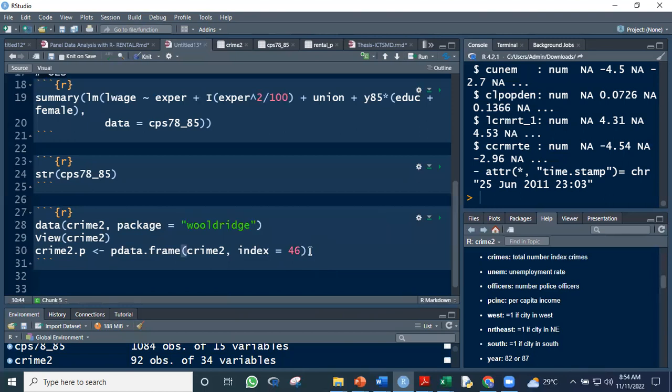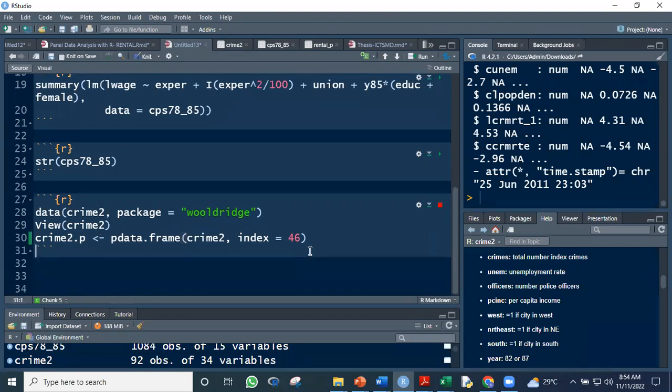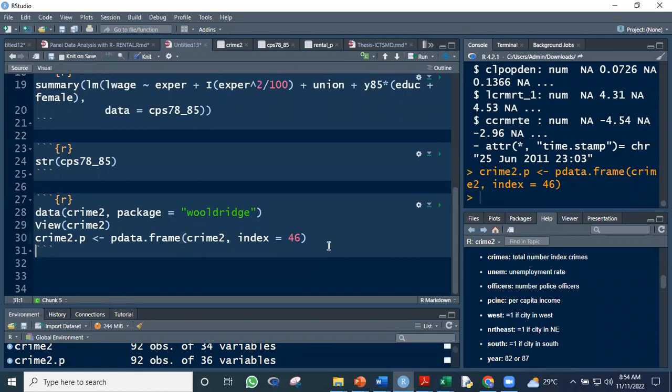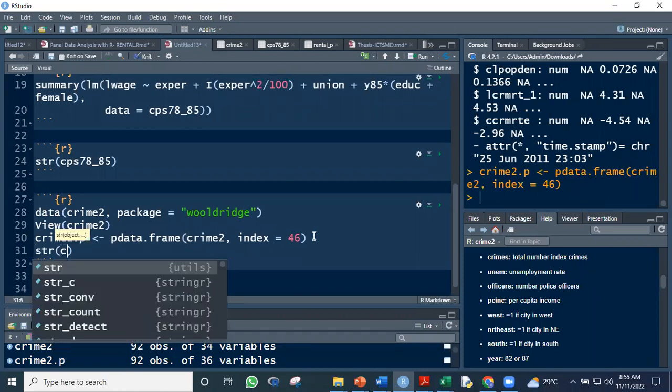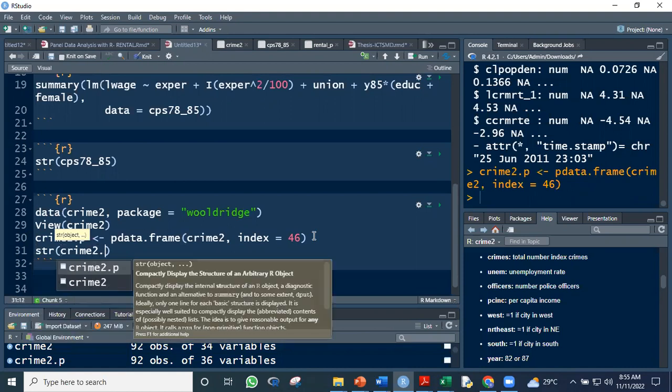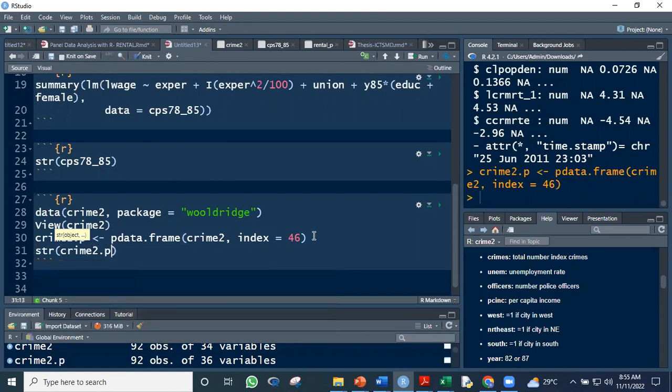Okay. So one way to convert this into a panel data is to identify ilan yung units dito. Ilan yung cross-sectional units. So it's 46. So sige, tingnan natin. Okay. Na-recall ko na to, no? 46. So let's try again to see ano yung structure ni crime2.p. So ano yung structure niya?